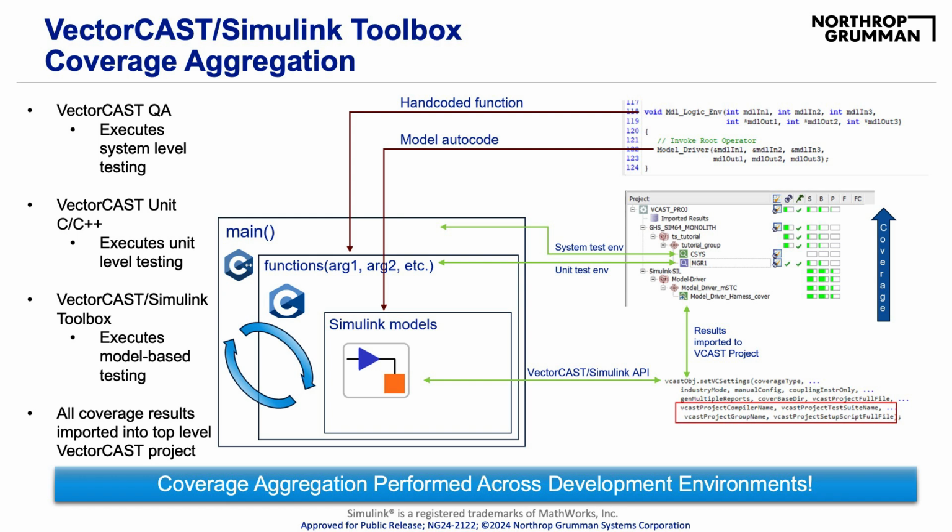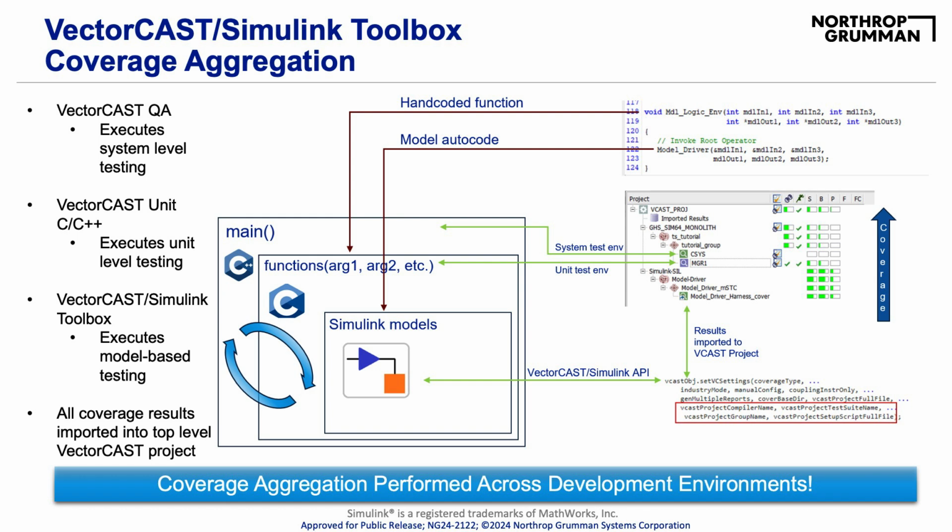It was written against requirements, and once more performed within the VectorCAST project file. We then have another file, a top-level file, that we went ahead and tested using VectorCAST QA. We collected the coverage results from that process, and once more imported that into our VectorCAST project file.